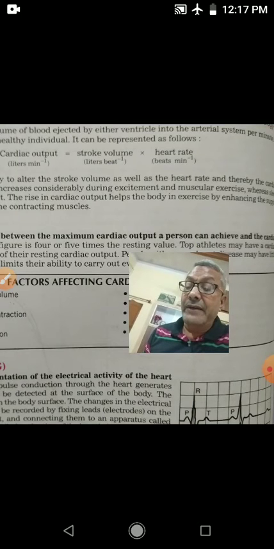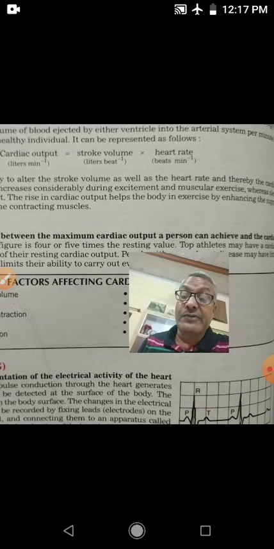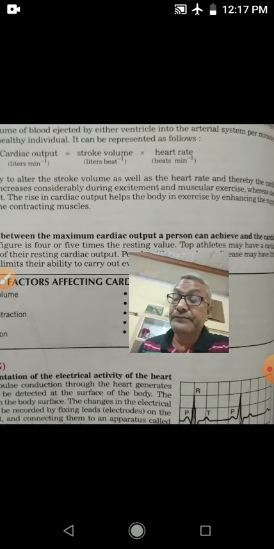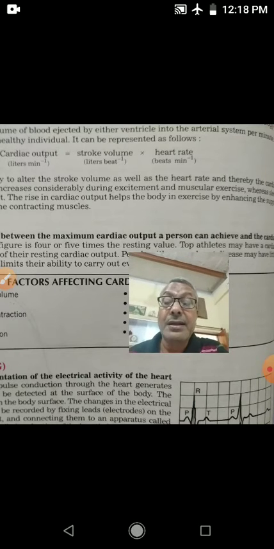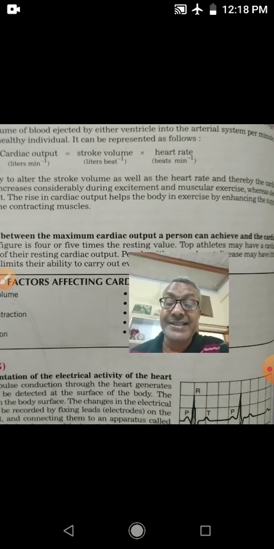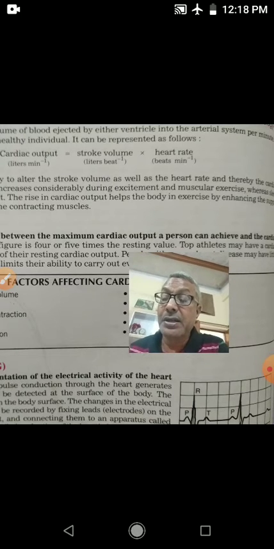The body has the ability to alter the stroke volume as well as heart rate. The cardiac output increases during excitement and muscular exercise. When we are doing some muscular exercise, at that time stroke volume and heart rate both will increase.